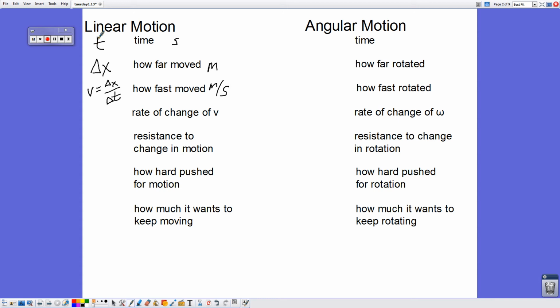So t is just how many seconds. Delta x, the change in position, how far it has moved, measured in meters. And v, velocity, how far it has moved divided by how much time it took for that movement to happen, gives us our velocity. Now, the rate of change of velocity, that, of course, is acceleration.